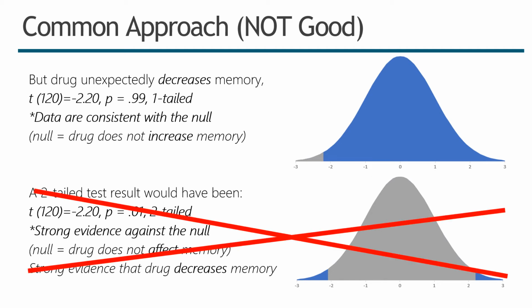If the original null hypothesis was one-tailed, that the drug does not increase memory, it is not appropriate for a researcher to then use a p-value of 0.99 to argue that the drug actually decreases memory. You're limited to the null hypothesis that you started with.